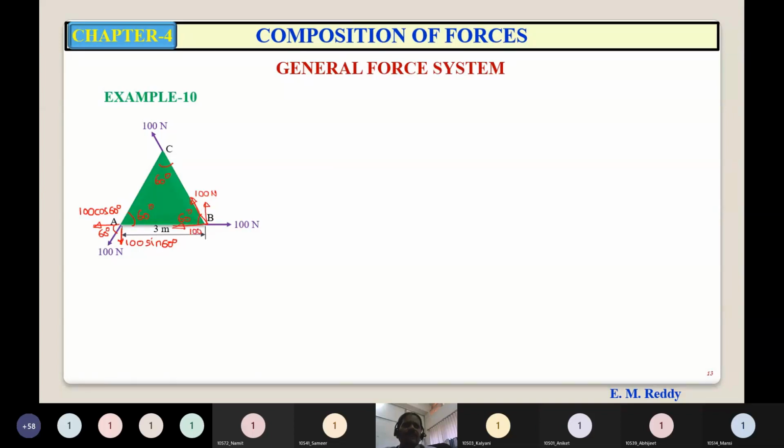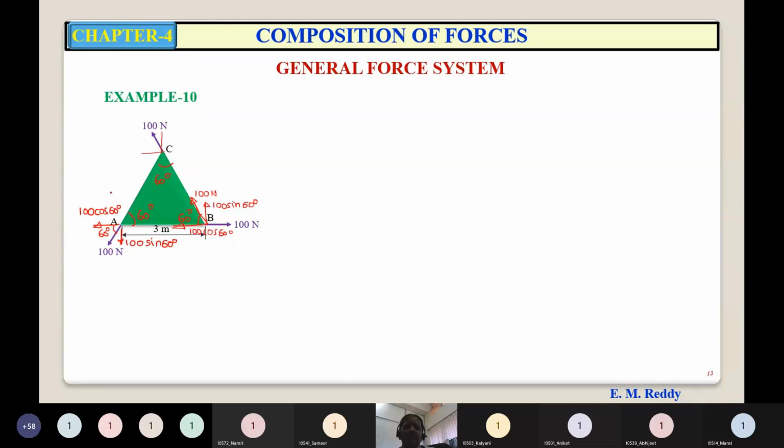So this is 100 cos 60, and we have this 100 sin 60. So instead of resolving at point C, I am resolving at point B. Why? That I will tell you in the next step.